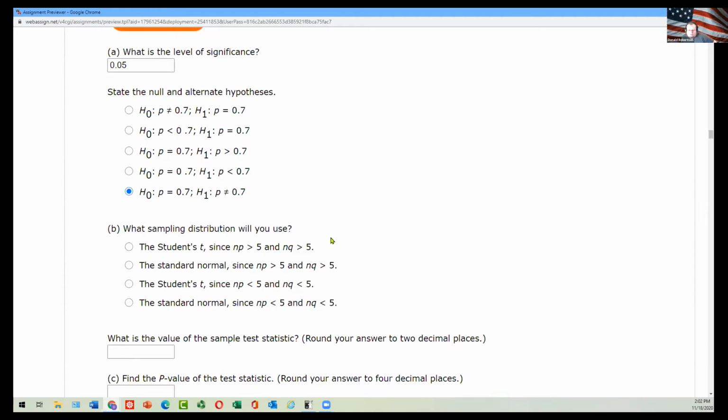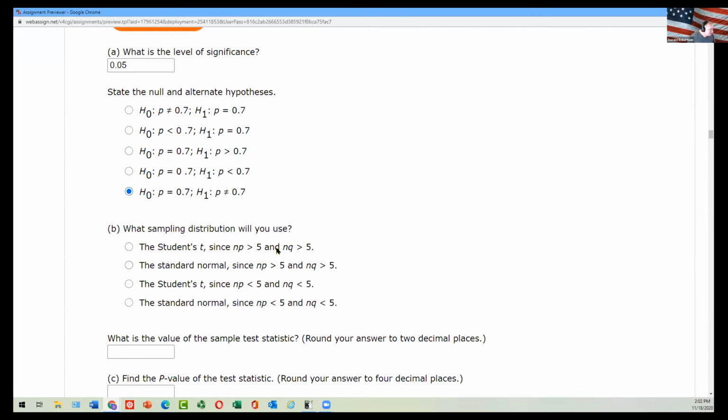Mu not equal to 45. Have you noticed that the p's are always going to equal that number? So the null hypothesis would be that p is 0.70, and the alternate hypothesis would be p is not equal to 0.70. And that's what that funny little stroke is.